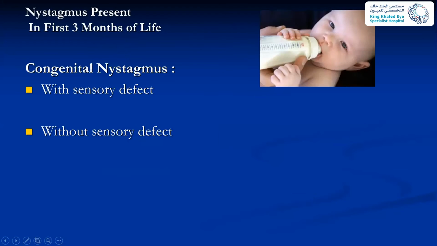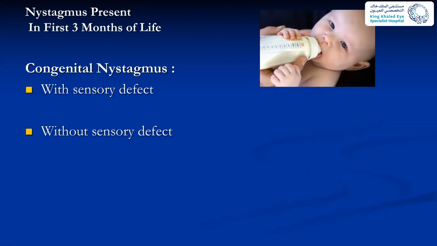Let us see. You have a child whose mother noticed that his nystagmus started in the first 3 months of life. So we will consider it as congenital nystagmus. But let us see, is it with sensory deficit or without sensory deficit?